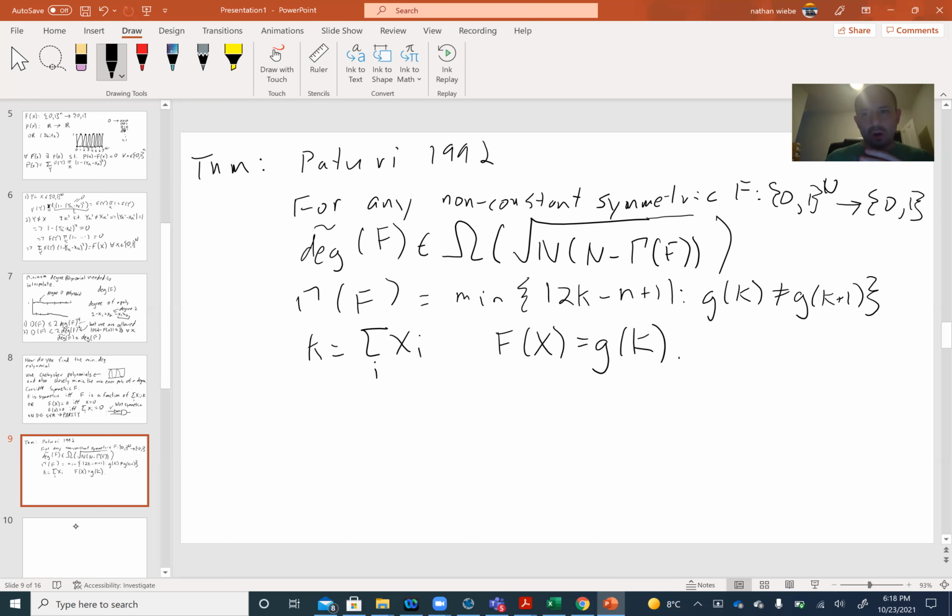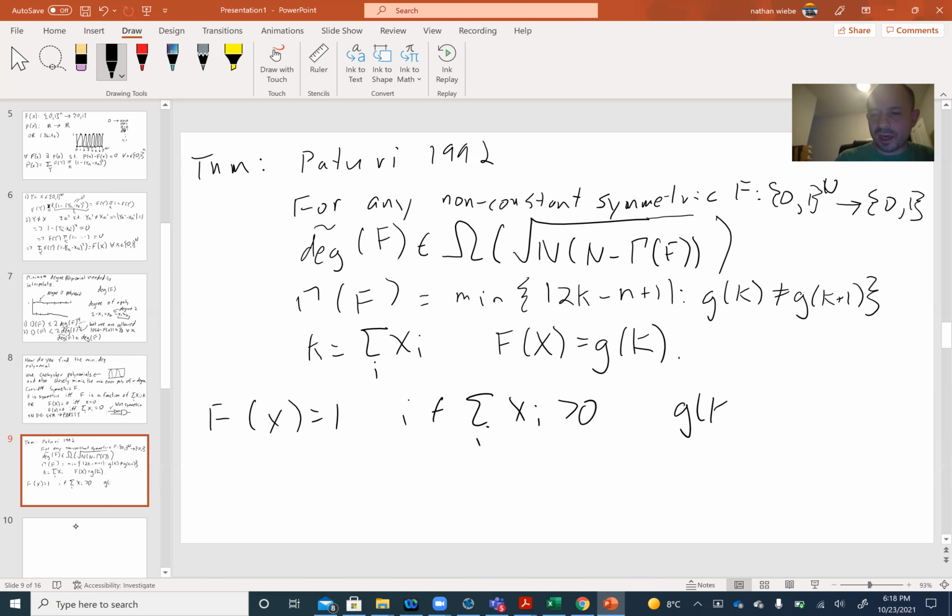And let me just go through it and apply this to the OR function. So OR is an example of a symmetric function, and the function f of x, of course, is equal to 1 in this case if the sum over i of x_i is greater than 0. So in this particular case, g of k is equal to 0 if k equals 0 and 1 otherwise.